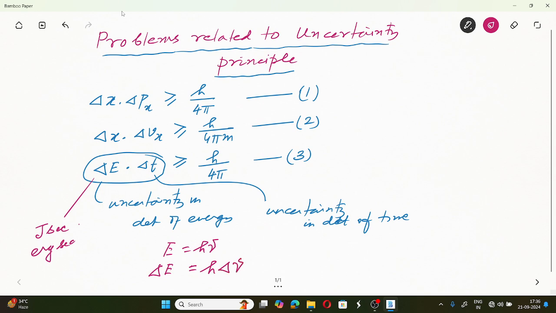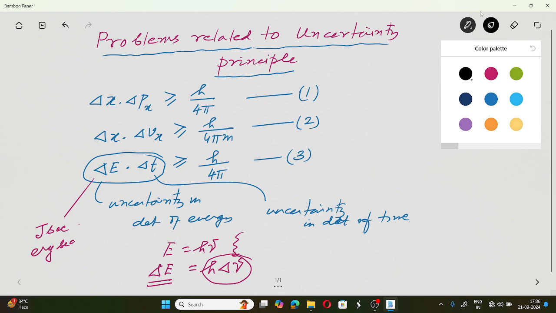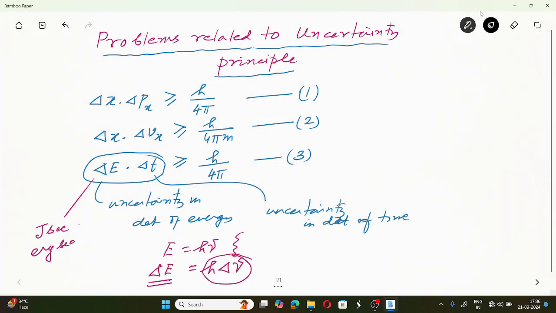So instead of uncertainty in energy, they can also give you the uncertainty in determination of frequency of the microscopic particle, isn't it? So delta nu is the uncertainty in determination of frequency of the microscopic particle.